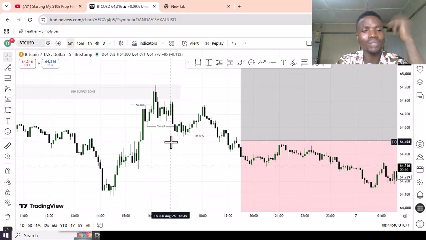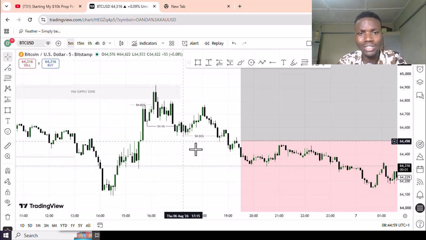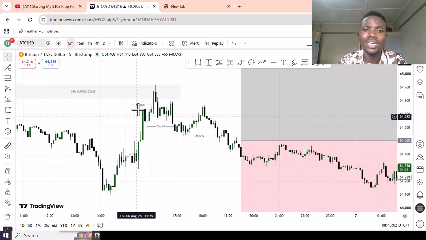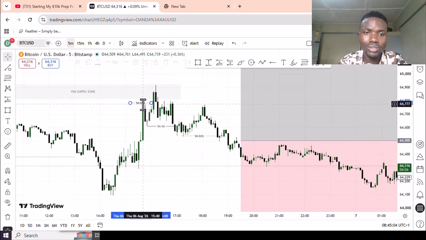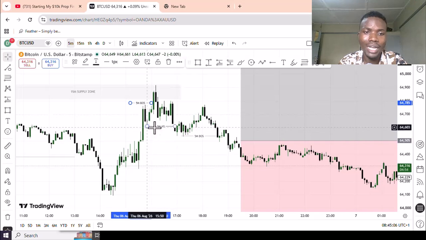But when you are looking at your setup and you are saying that this setup actually aligns with my trading plan, then I don't think there is any need to hesitate to take that trade. I know that this trade actually aligns with my trading plan, because I can see a clear break of structure to the upside and a break of the higher low, right?